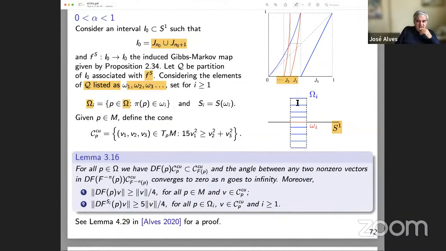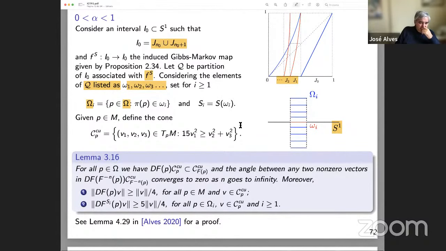And so I consider the elements in the attractor that project down to the element in the partition. And so I'm creating a partition in a certain region of the solenoid.